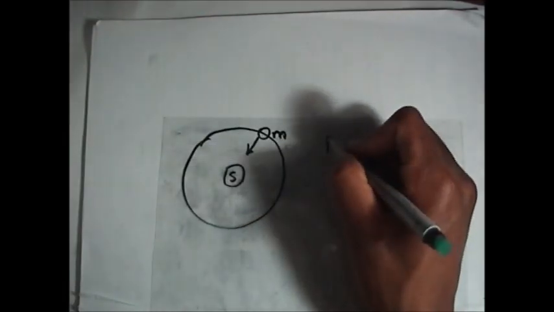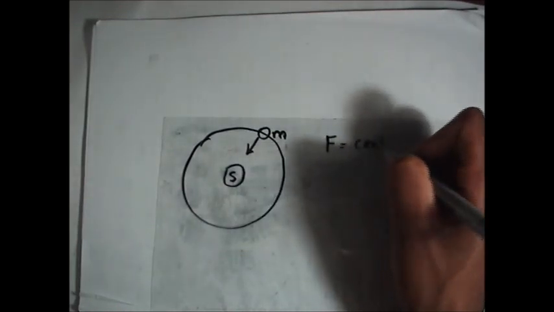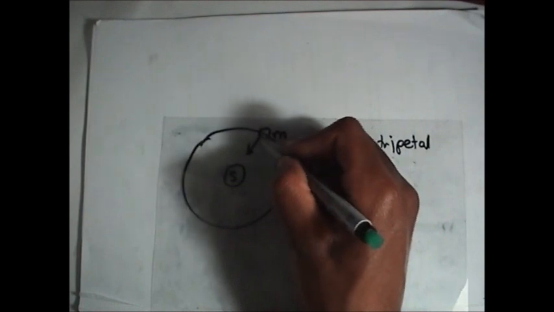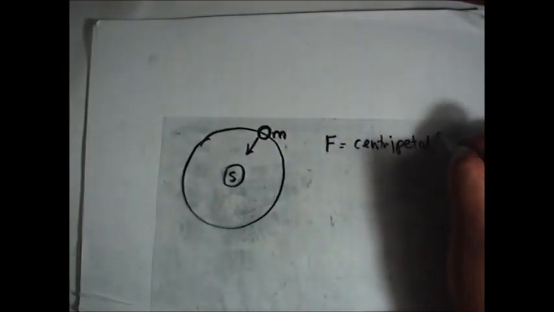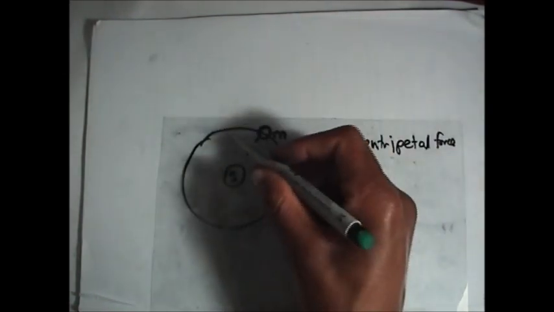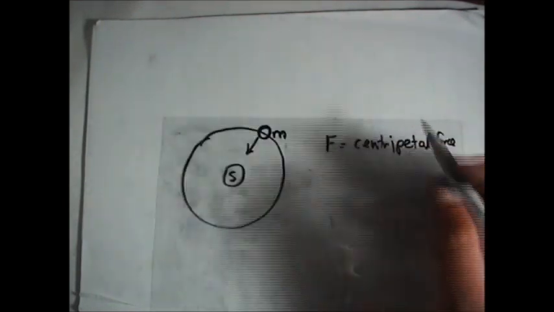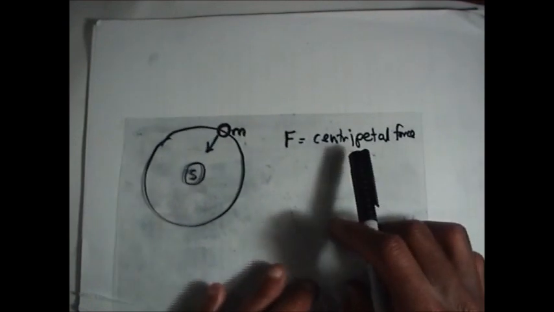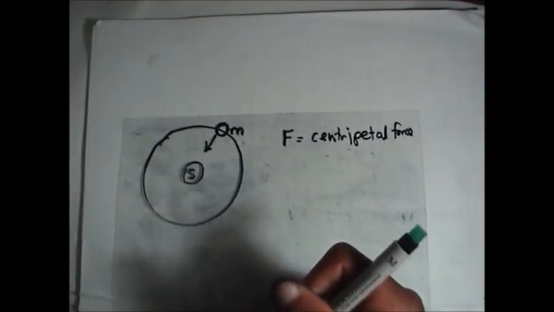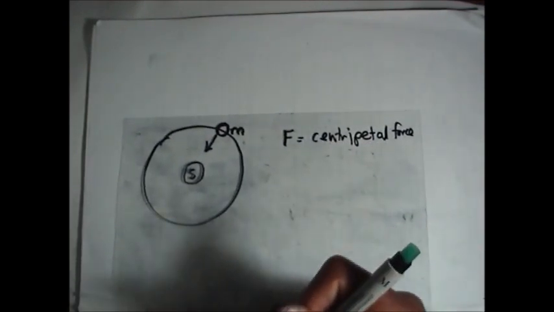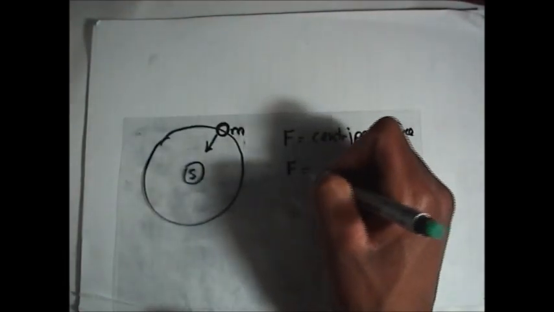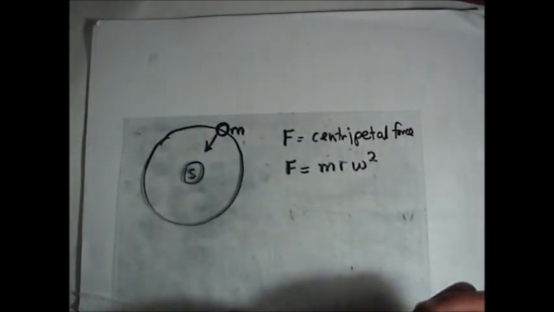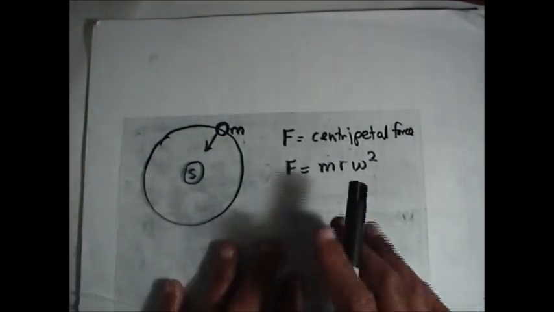We know that the force on this planet is a centripetal force, because this planet is moving in a circular orbit. How did we calculate centripetal force in the circular motion section? We used a formula: F is equal to mRω squared. If you remember, that was one of the formulas for calculating centripetal force.